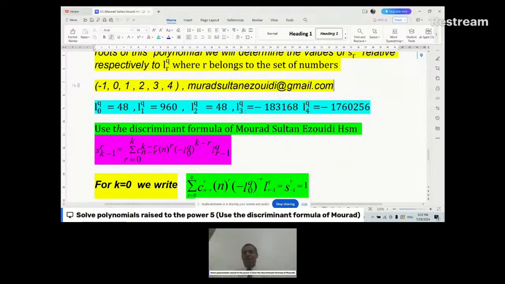Here, learners, you are going to use the discriminant formula of Mourad Sultan Ezouidi, which is written as S k minus 1 for the r equals the sum from 0 to k of combination n minus r choose k minus r, n raised to the power r, between parentheses, negative L0 for the cube raised to the power k minus r, times L r minus 1 for the cube. Always set k equal to minus 1, then k equal to 0, then k equal to 1, then k equal to 2, until you get to 4 in my discriminant formula, and you should find the value of S k minus 1 for the r.